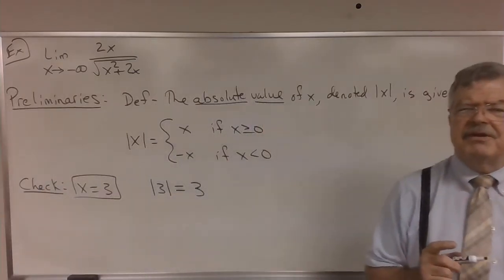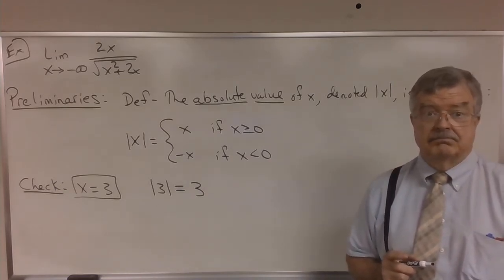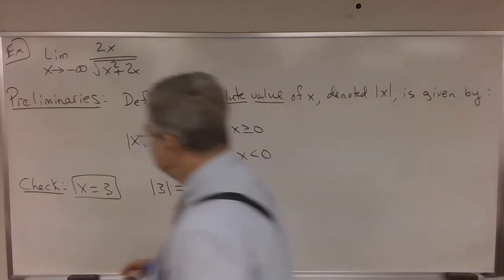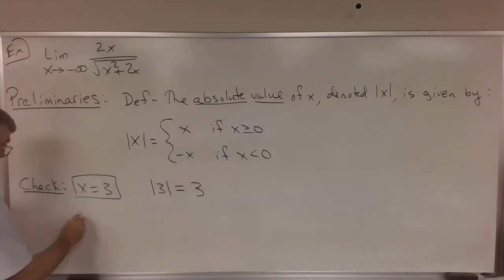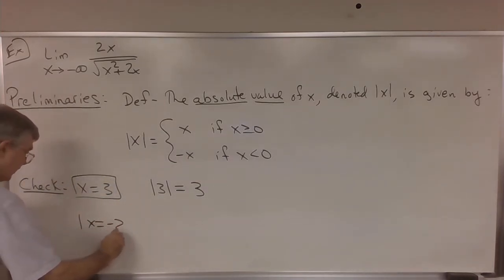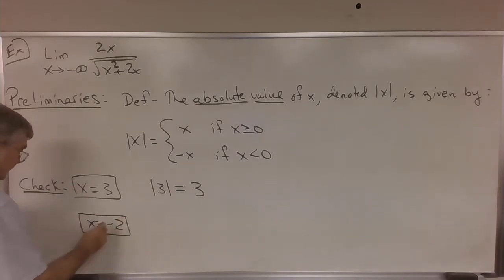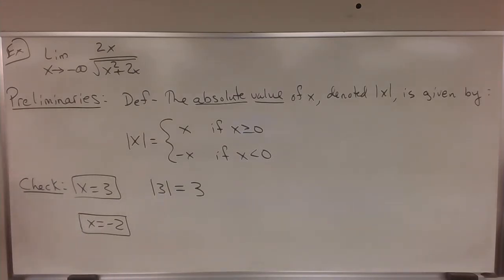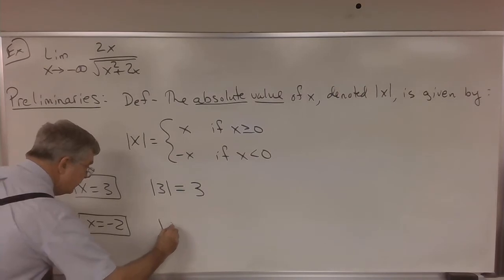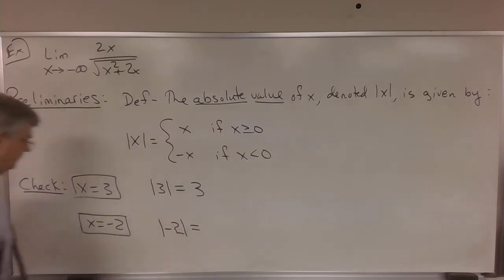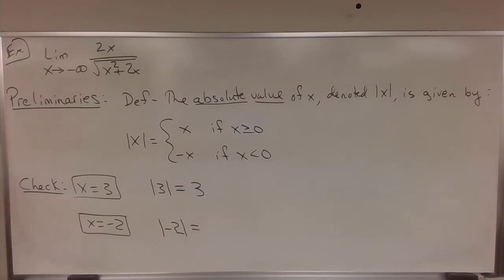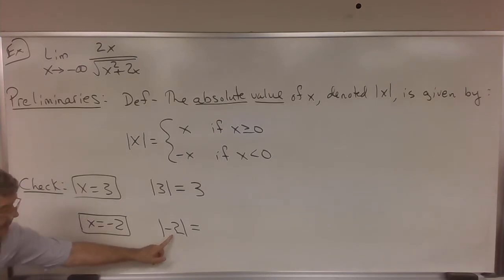But what happens if we try this with a negative number? So let's try another example. We'll try x equals -2, and we want the absolute value of -2. Well, notice that in this case, x is less than 0. We're computing the absolute value of a number that's less than 0.